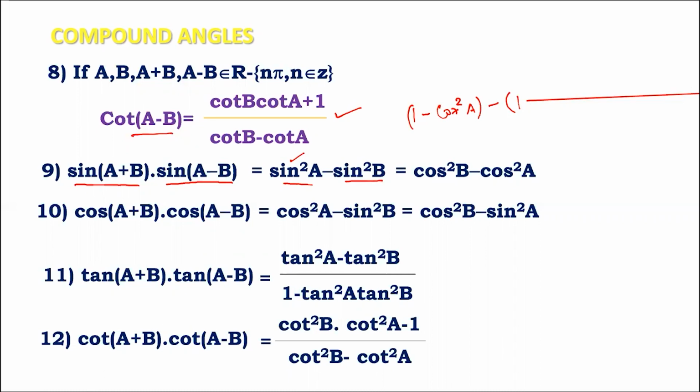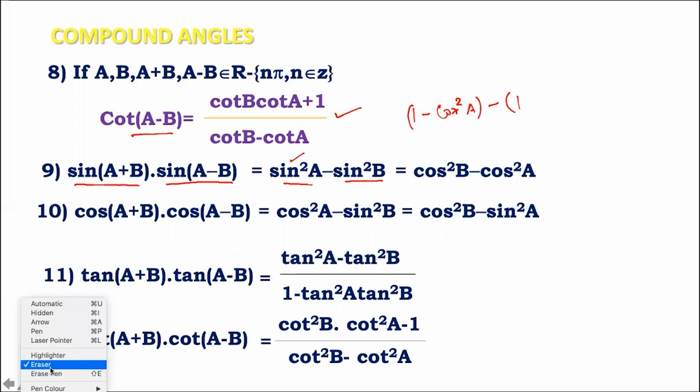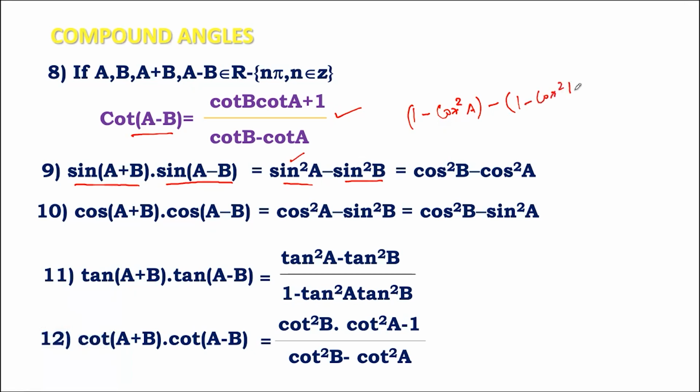So if you are converting both the formulas into sine and cos, accordingly we can go for both. One is 1 minus cos square a, and second we can write as 1 minus cos square b. So directly we will get cos square b minus cos square a.